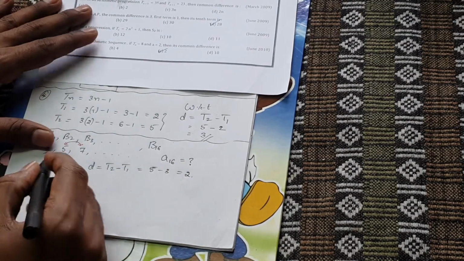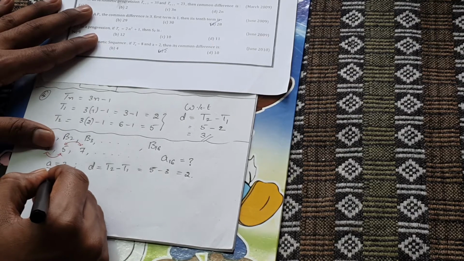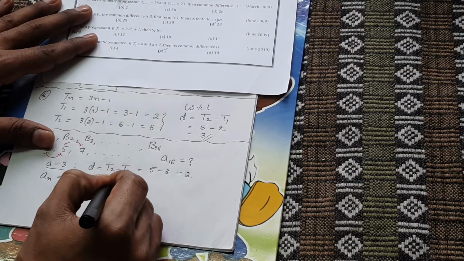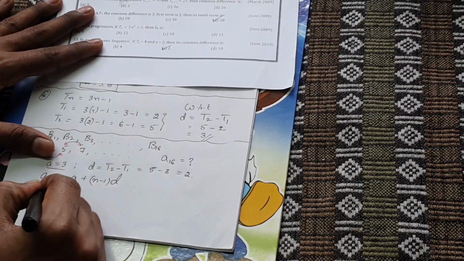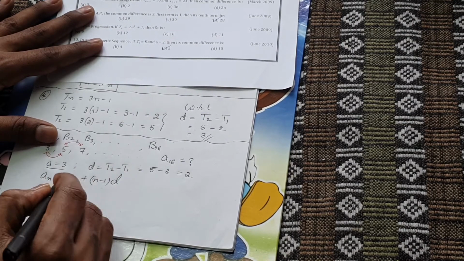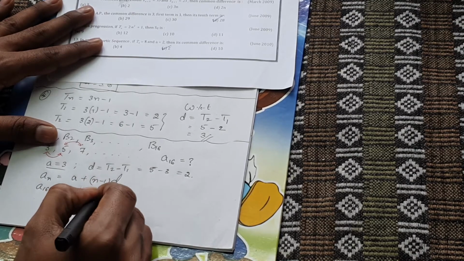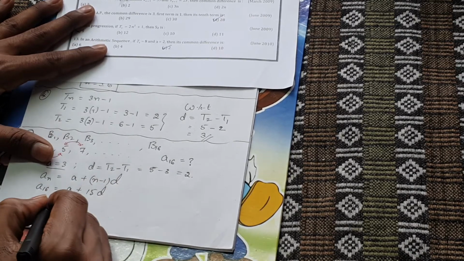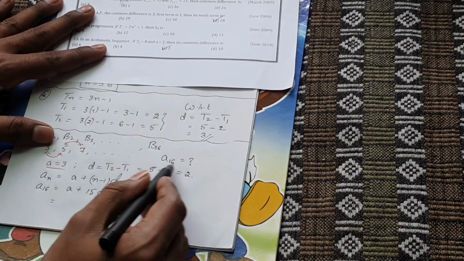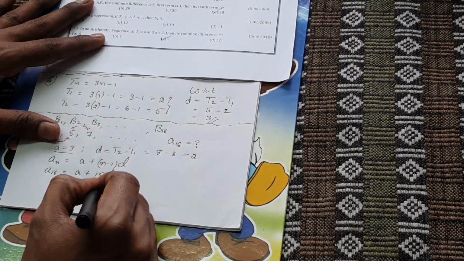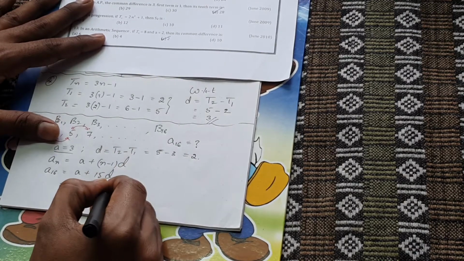Now I want A16. We know An is equal to a plus n minus 1 into d. So A16 will be a plus 16 minus 1, that is 15d. a is 3, plus 15 into the value of d, which is 2.